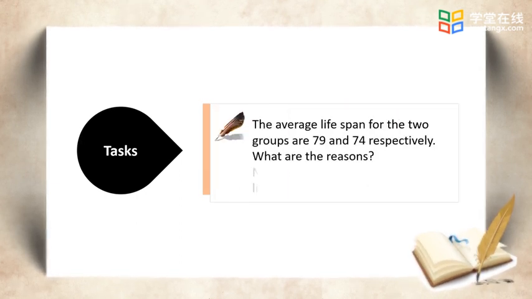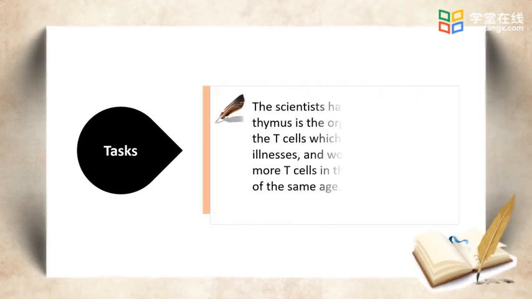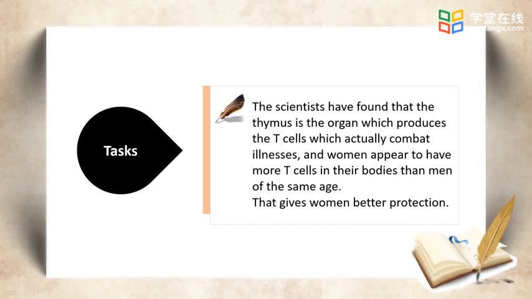The average lifespan for the two groups are 79 and 74 respectively. What are the reasons? New research suggests an answer lies in the immune system. The scientists have found that the thymus is the organ which produces the T cells, which actually combat illnesses, and women appear to have more T cells in their bodies than men of the same age. That gives women better protection.